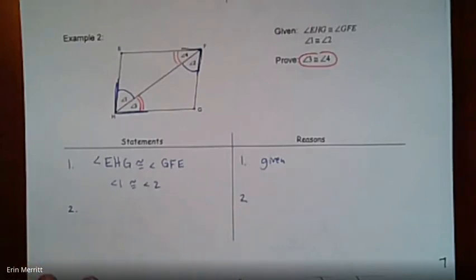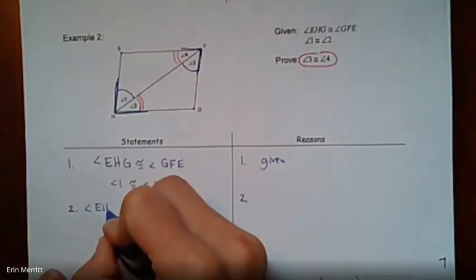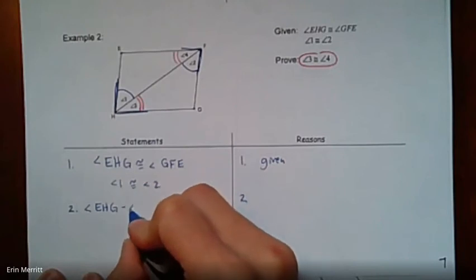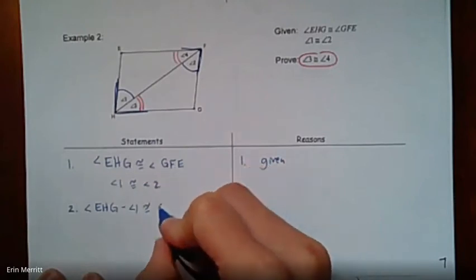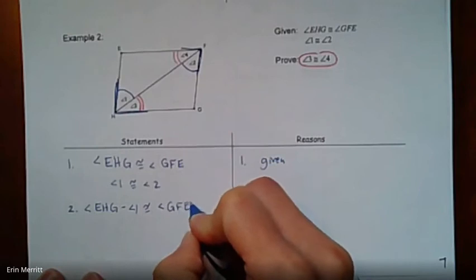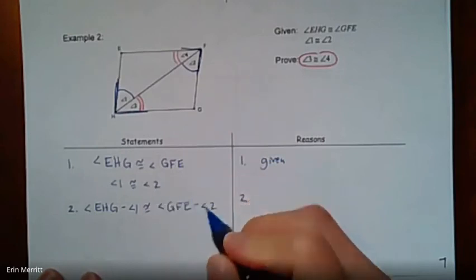So let's do it. Big angle EHG, minus the part of it, angle 1. Over here, big angle GFE, minus part of it, angle 2.